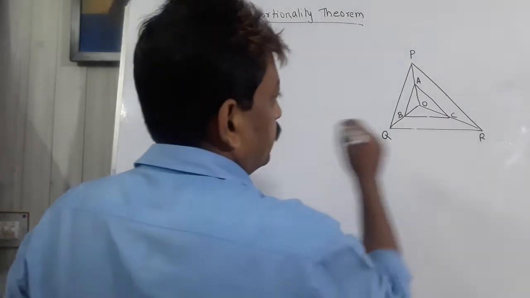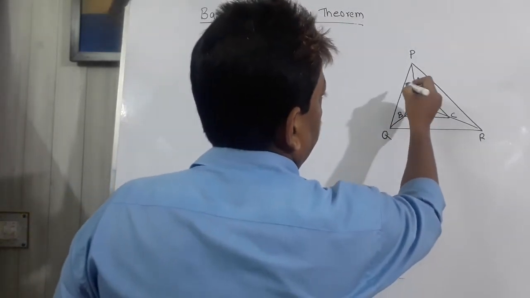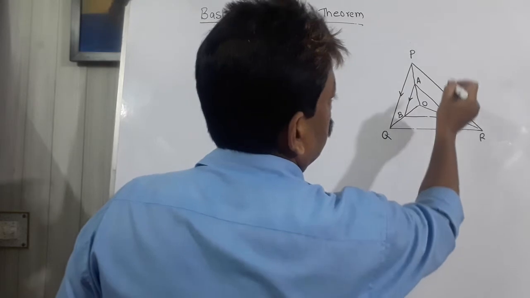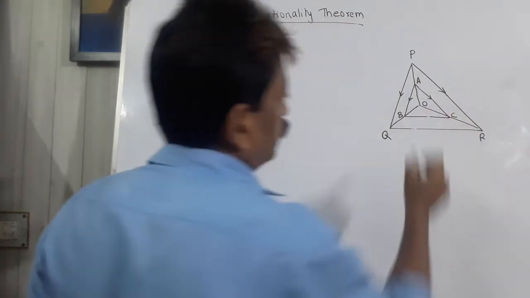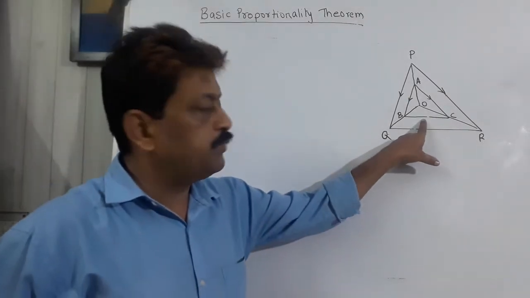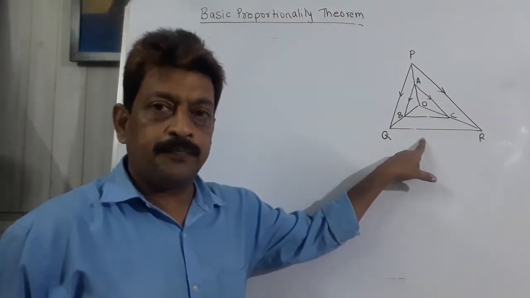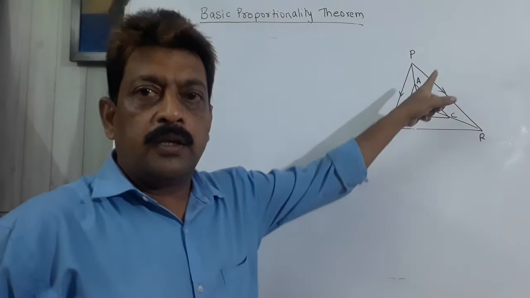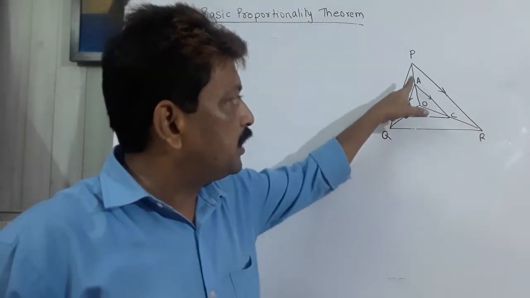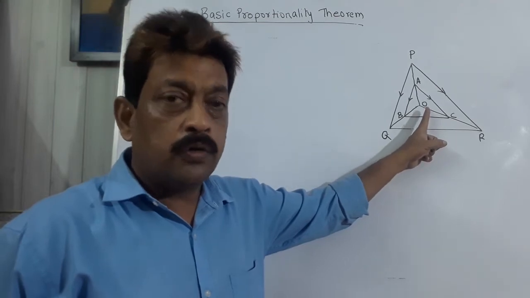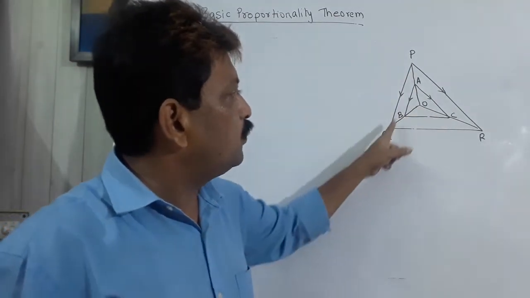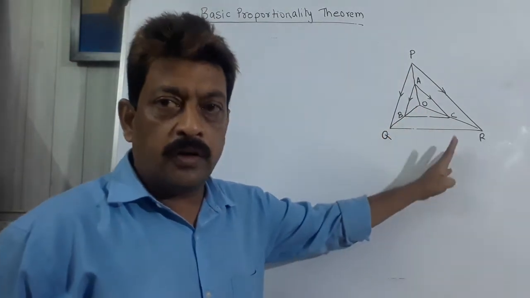In such a way that AB is parallel to PQ, AC is parallel to PR. We have to prove that BC is also parallel to QR. As you can see from the diagram, in triangle PQR, there is a point O in the interior of the triangle, and OP, OQ and OR are joined.